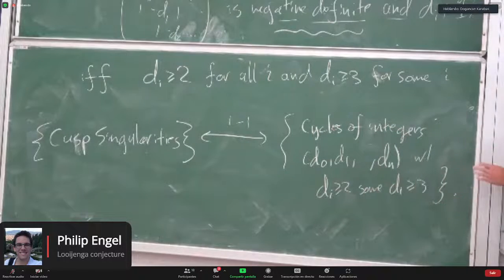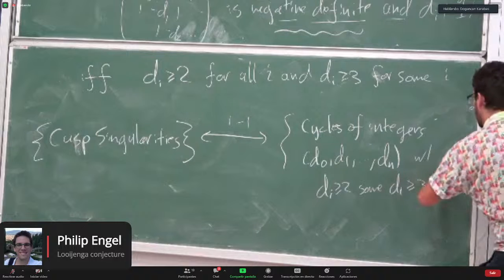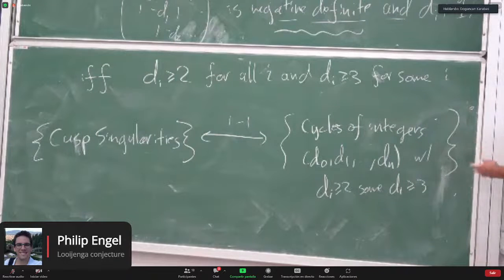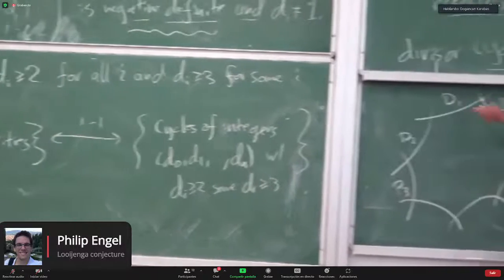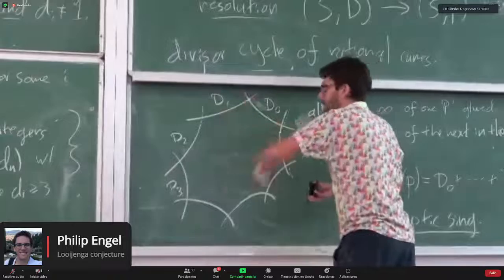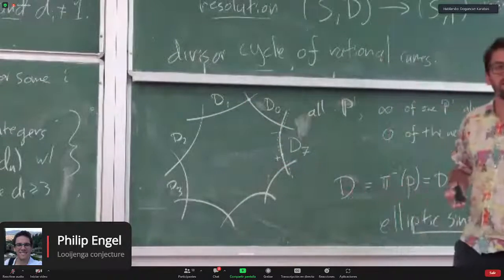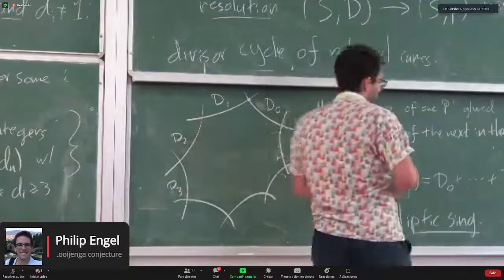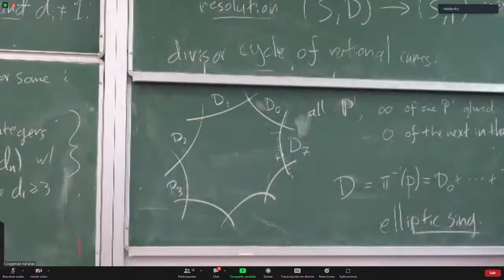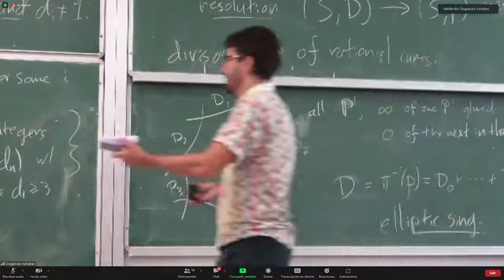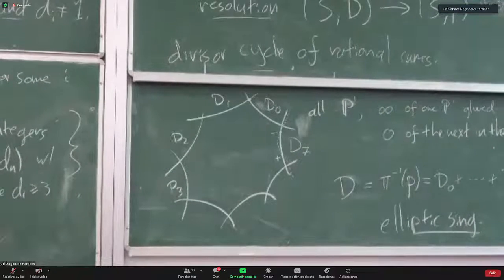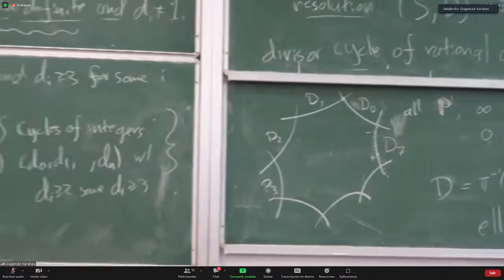Of course, mod the natural equivalence, which is that we should be able to rotate the cycle. That just corresponds to re-indexing these components, right? And we should also be able to flip the cycle. That corresponds to changing the orientation of the loop around the cycle. Okay, so that's pretty much it. That's a nice, straightforward classification of these singularities.